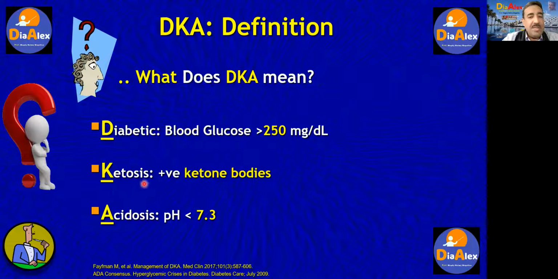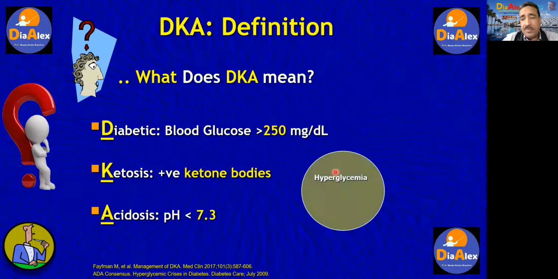K means there is ketosis, there is ketone bodies, whether in the serum or the urine. Acidosis means the pH is less than 7.3.